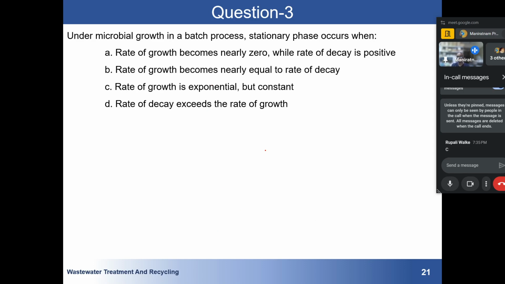Then we have this question. I have tried to answer it and explained it in detail. Under microbial growth in a batch process, a stationary phase occurs when... I think you were not present in the session when I was discussing it, but those who were available, please try to answer it.